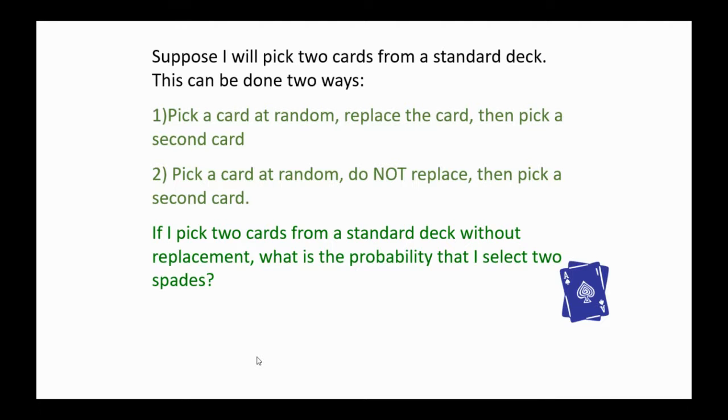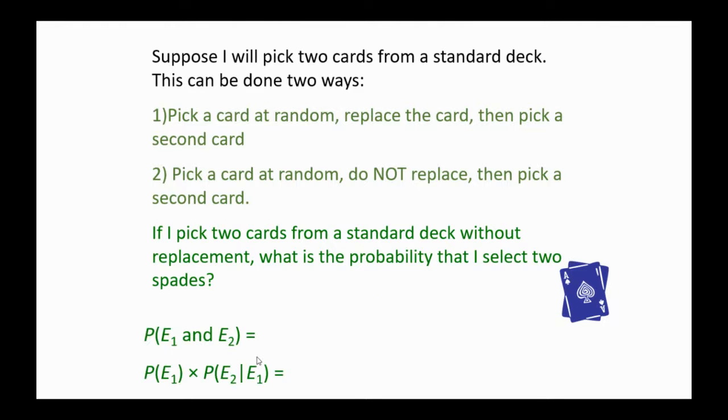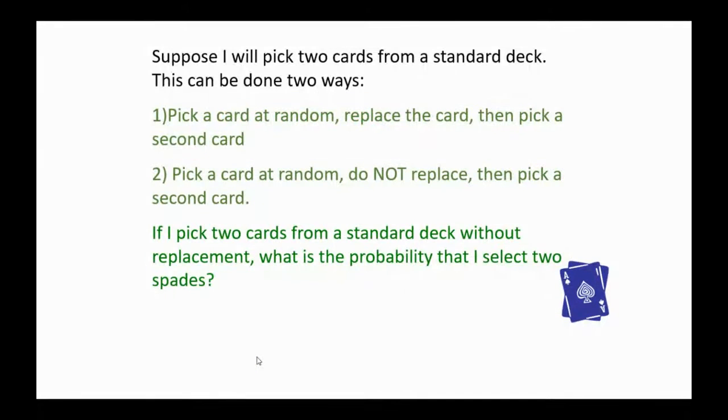I'm not going to put it back, so what would be the probability for the second card? Hang on, let me back up. Let me screenshot this and then we'll work it together.